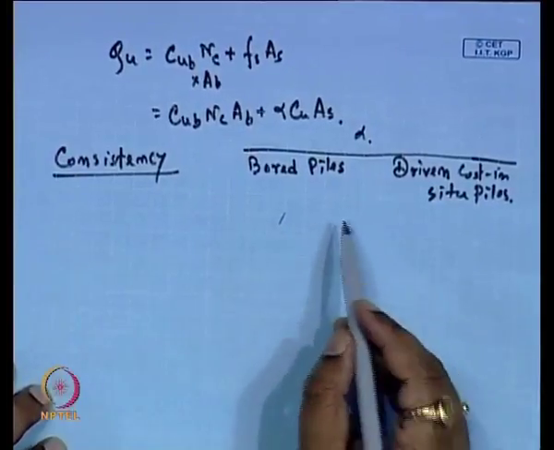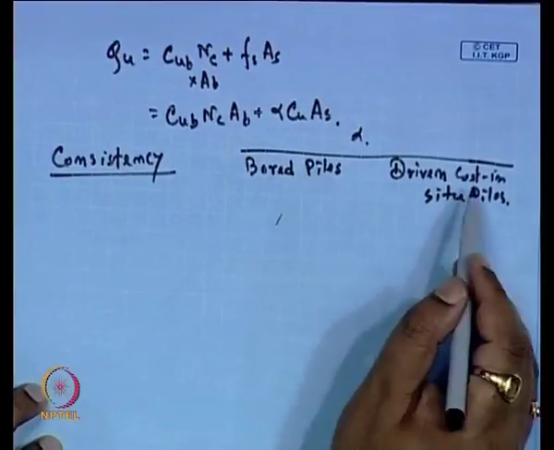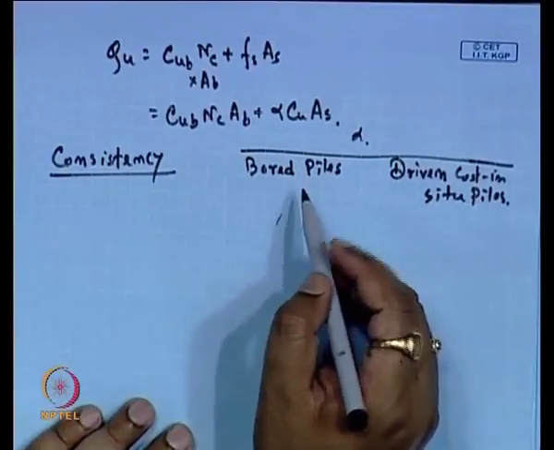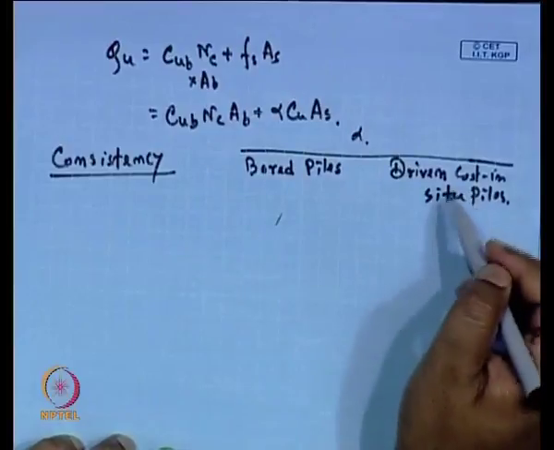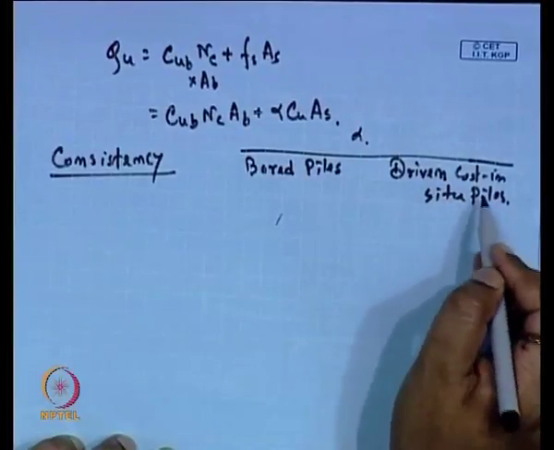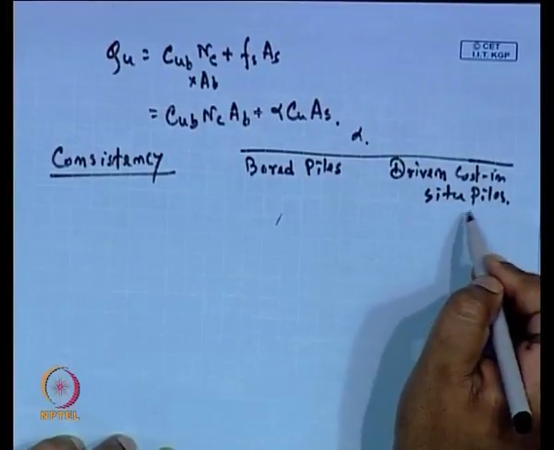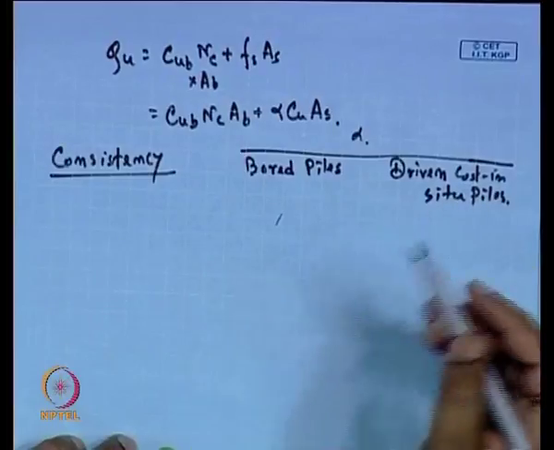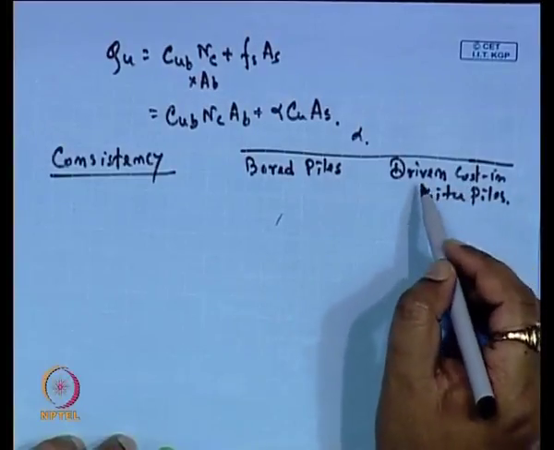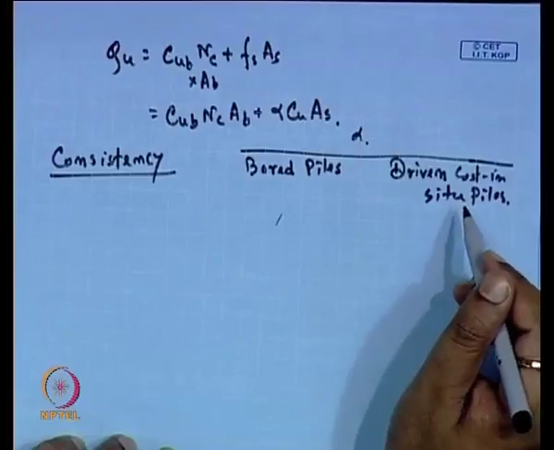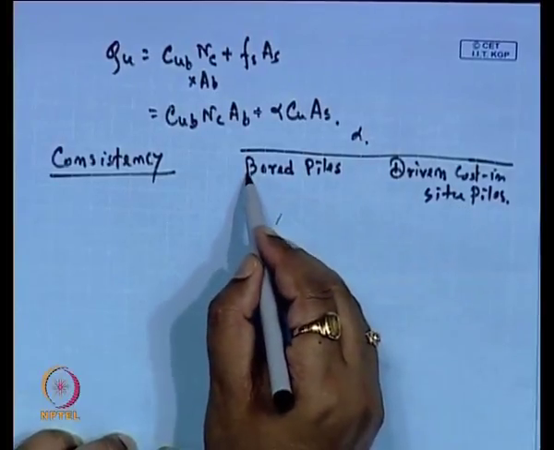As I have mentioned, there are two types of piles, one is bored piles and another is driven piles. These driven piles are cast in situ driven piles, or they can be precast driven piles also, and the other one is the bored piles.